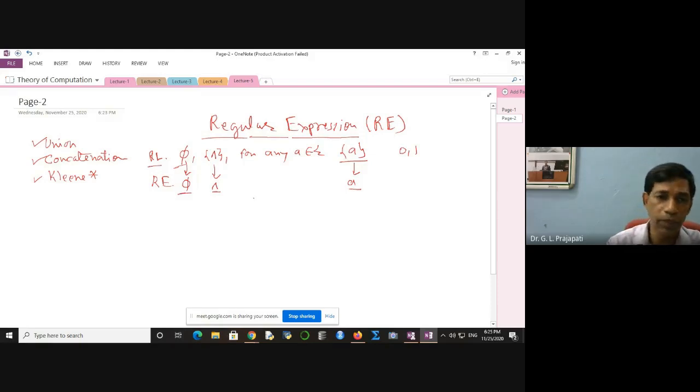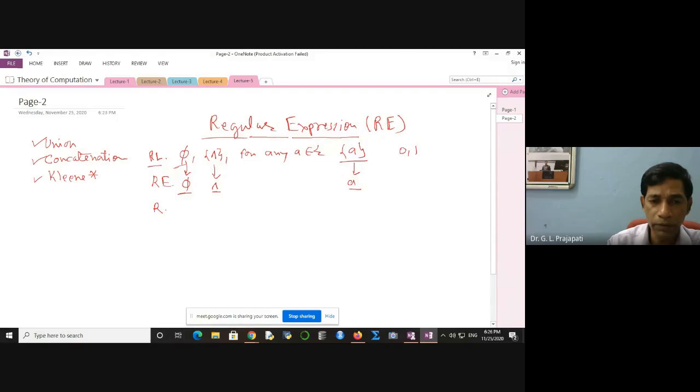And by making the union, concatenation, and Kleene star, you can construct complex regular languages, as well as complex regular expressions. Complex regular expressions can be described with the help of a formula by these operations. So how can you describe it?